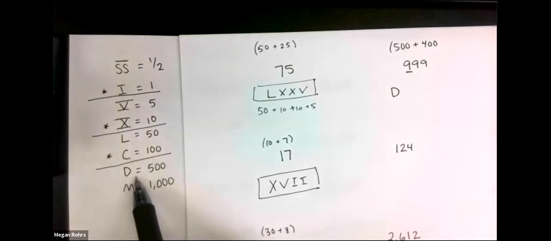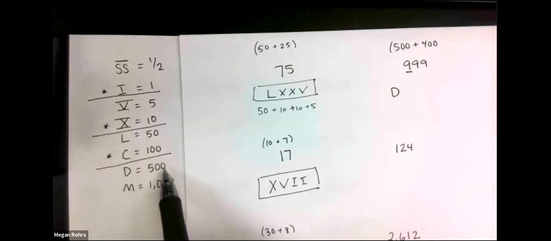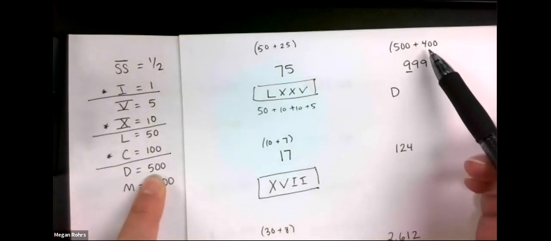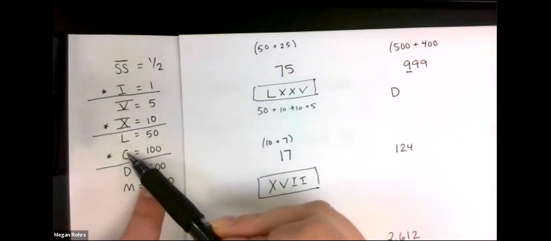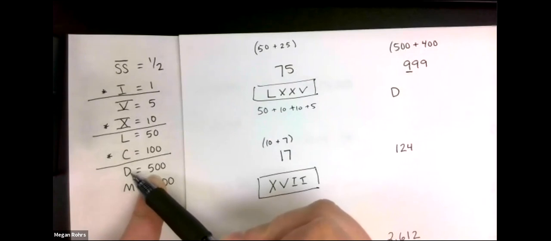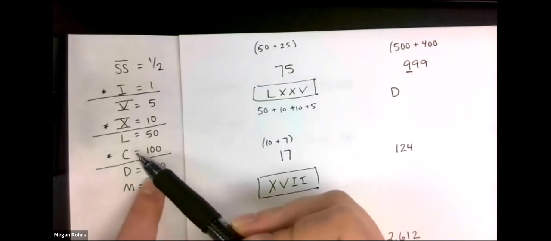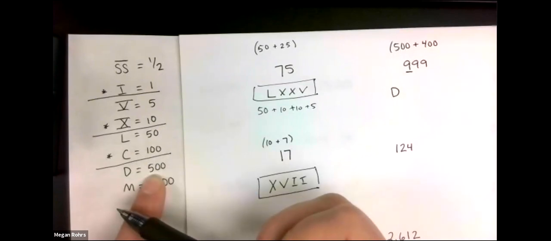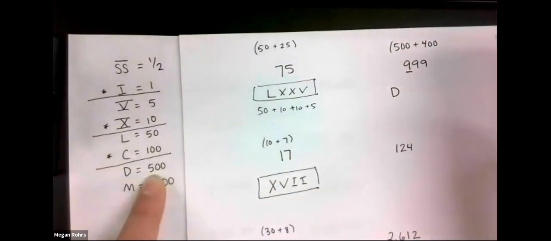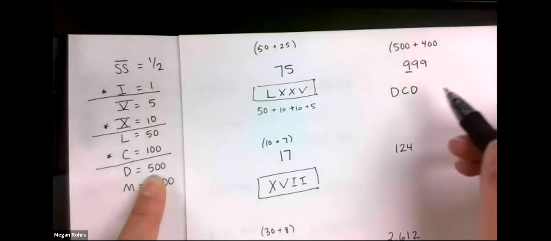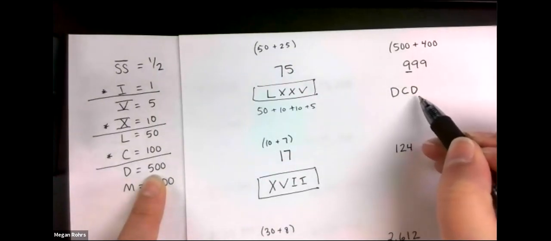So we're going to have to start with 500. Now, 500 is more than 400. However, if we put a C before a D, that would be 500 minus 100, which would give us that 400. So if we do a C, D here, that would give us 400.